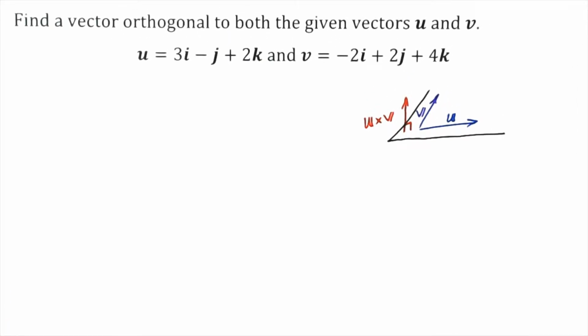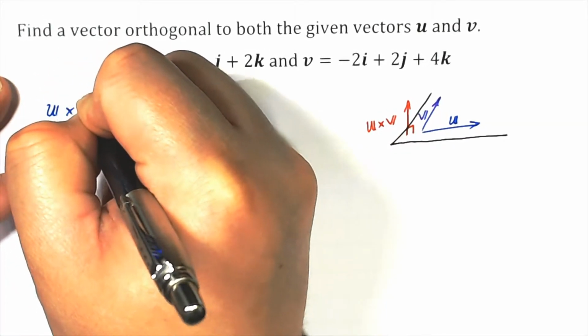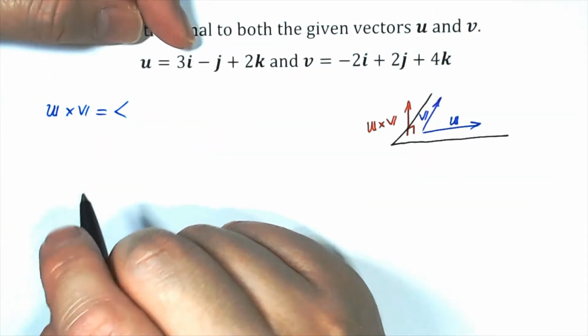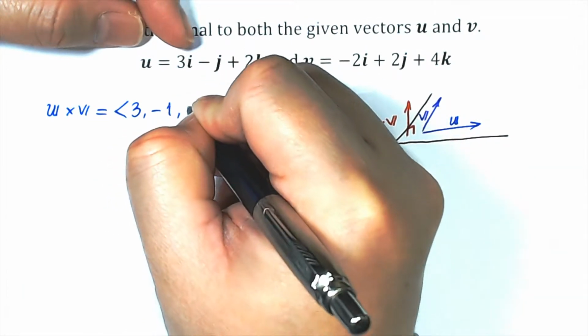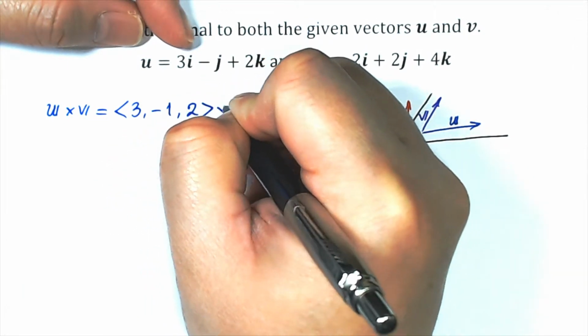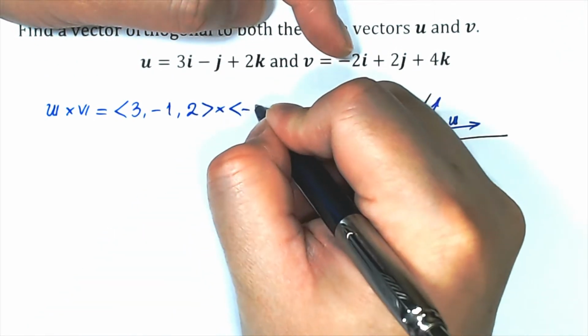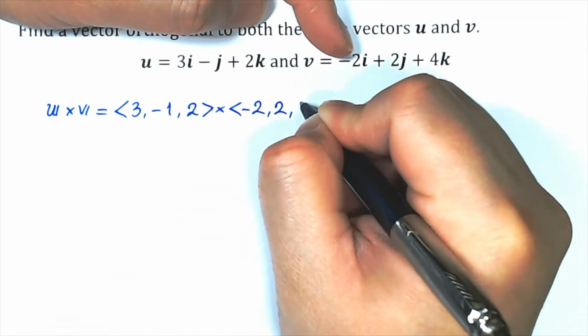Pretty much all we do is find the cross product of u and v, and that's pretty simple. U cross v: the vector u has 3 components of 3, -1, and 2, crossed with the vector v, which has 3 components of -2, 2, and 4.